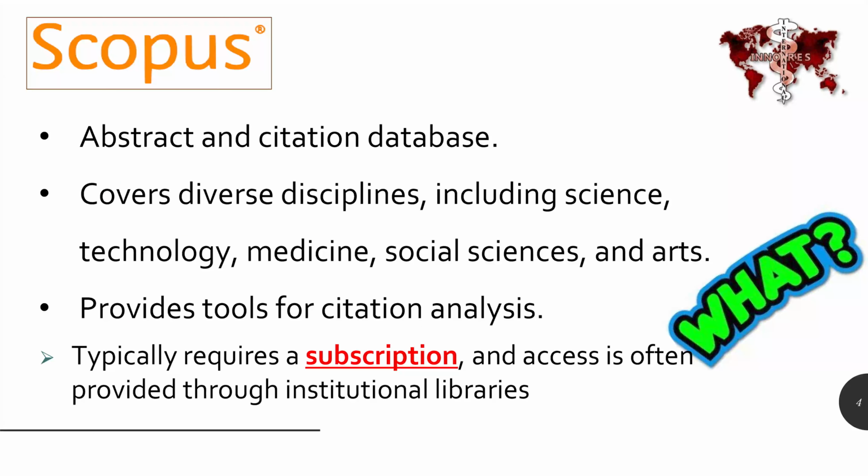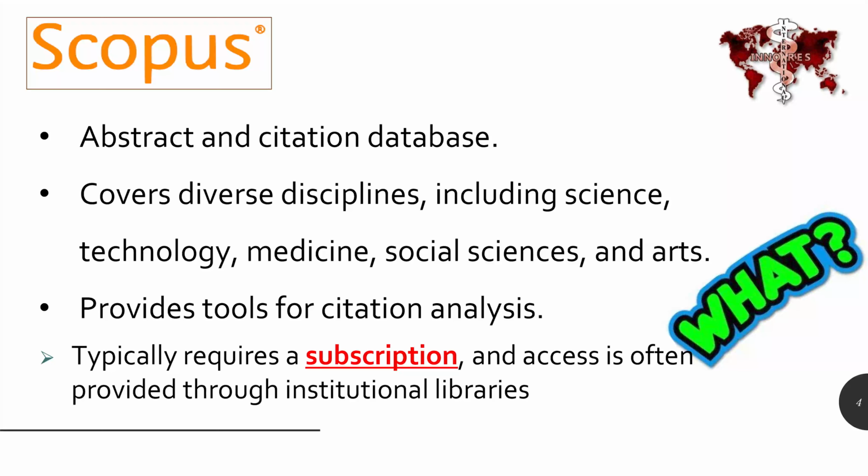Then I want to talk a bit about all the three databases that I mentioned. The first one is, of course, Scopus. If you have any experience in research whatsoever, you would already be familiar with these databases. If not, today is a good place to start. Scopus is an abstract and citation database.